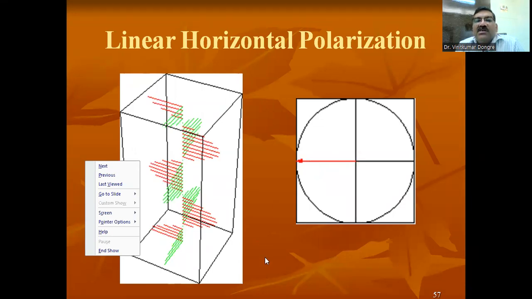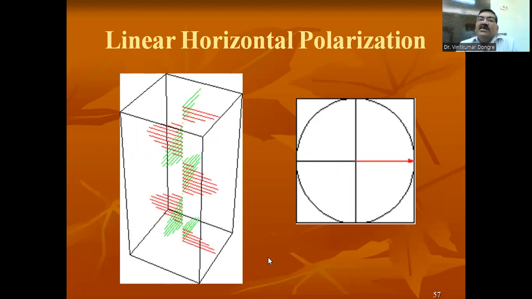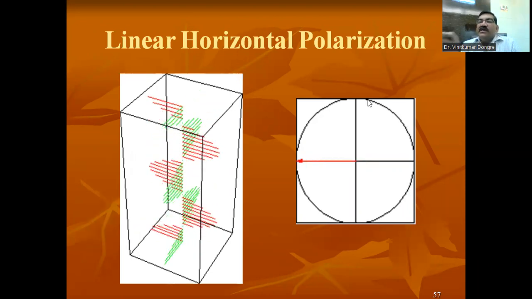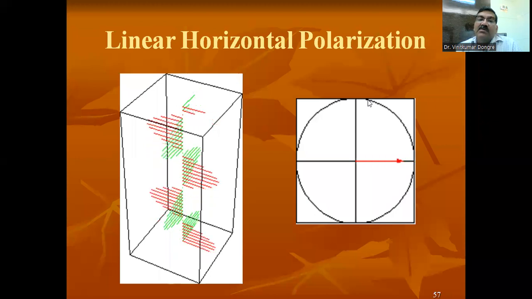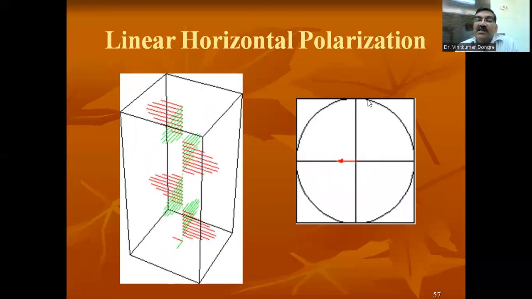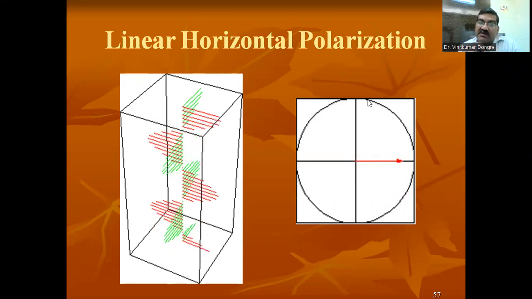So it is moving horizontally. Remember, it is the projection of only the electric field vector in the horizontal.